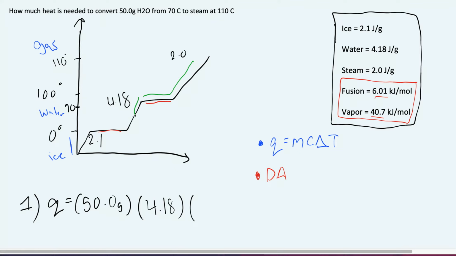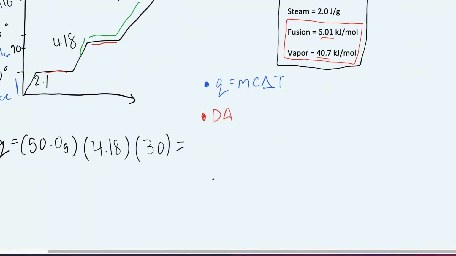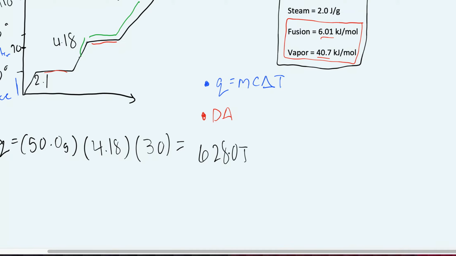So how much temperature does it take to go from 70 to 100? 100 minus 70 is equal to 30, and you simply put that there. Once you plug that into a calculator, it will spit out 6,280 joules.